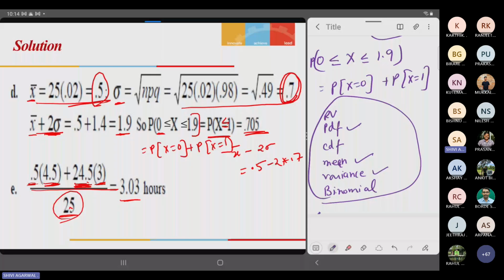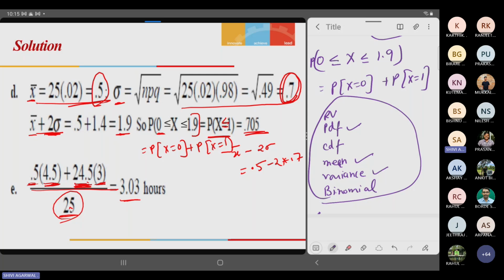0.5 is the expected value of x, and it applies just to the 4.5 hours for those who received the accommodation. And 24.5 is the expected mean for those who are not receiving the accommodation.